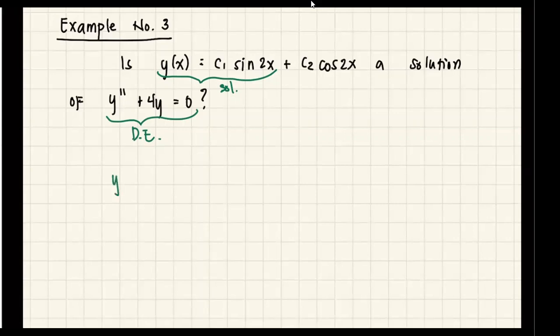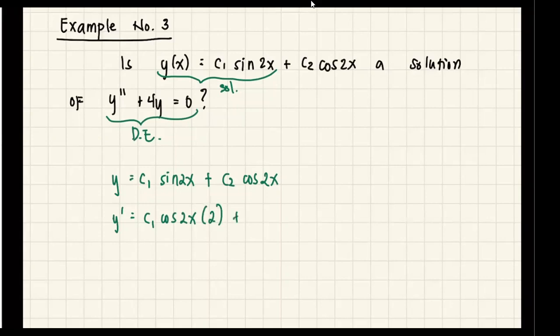So, lagay ko na lang y = c1 sin 2x + c2 cos 2x. Kung yung first derivative, so we have y' = c1 times the derivative of sin 2x, which is cos 2x times the derivative of the inside, 2.